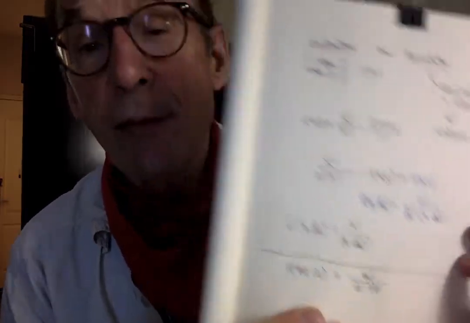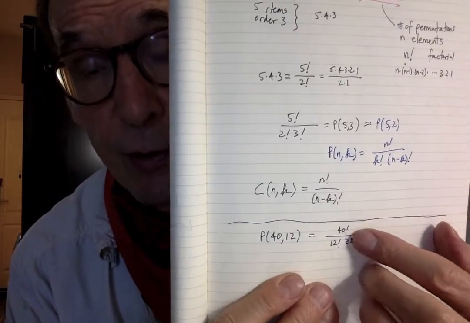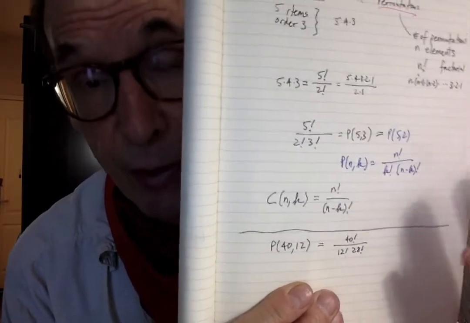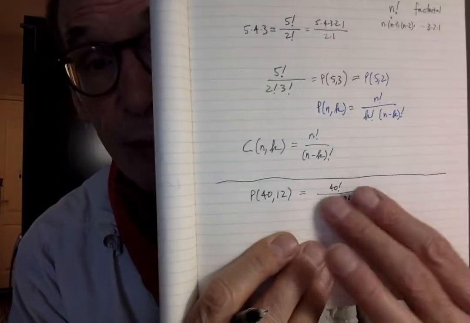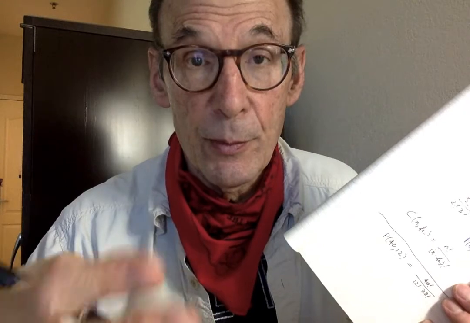The 10 factorial is over 3 million, so you don't want to mess with 40 factorial because that's going to be bigger than 10 to the 30th times 3 million. And so you can't really work effectively with this number. And you may have done a recursive program in your first programming course where you calculated factorials. And if you played with it long enough, you found out that you got something that was bigger than the machine word size.